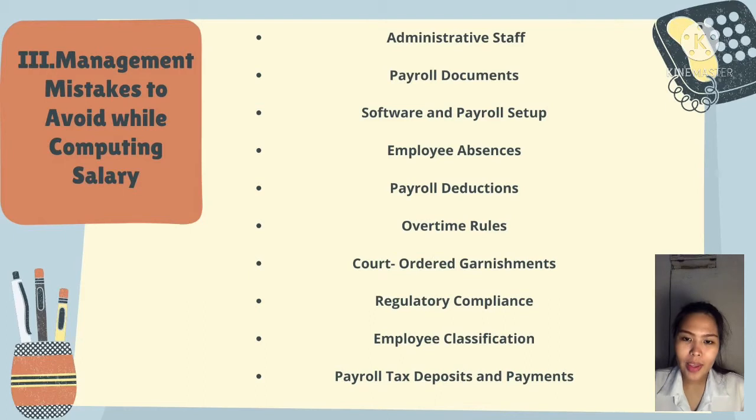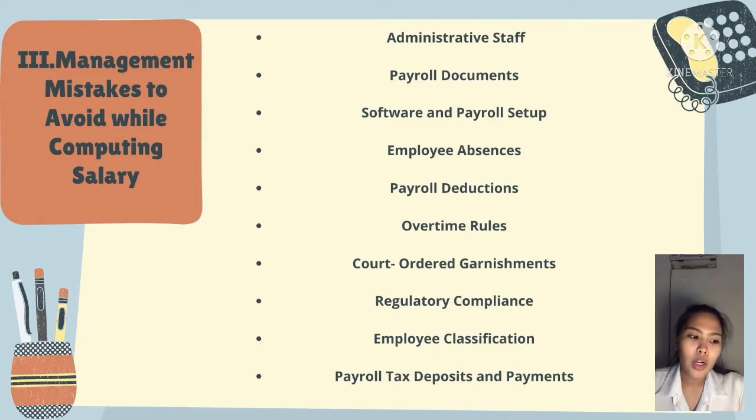And the fifth one is payroll deduction. For most businesses and payroll staff processing employee payroll, deduction is probably one of the most complex parts of the payroll process because of the sheer number of both state and federal laws that apply to deductions.